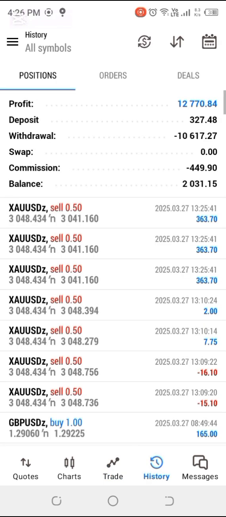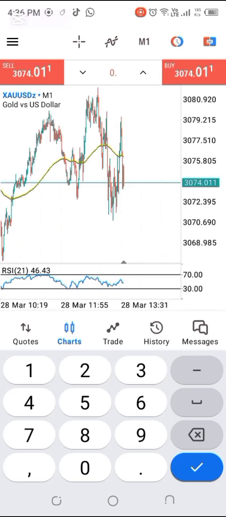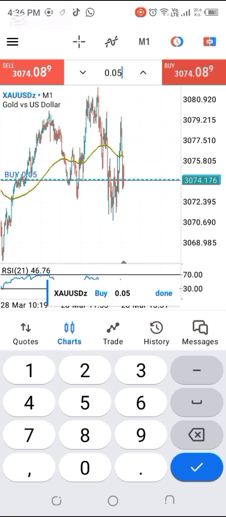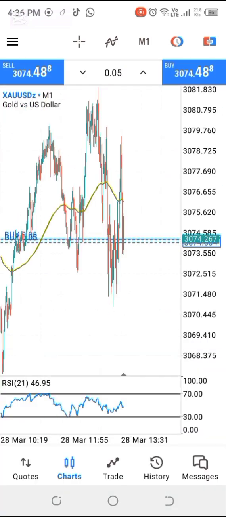Okay, why am I not closing the trade? Okay, now I'm closing all the positions, and the balance is 2031 USD, and the total balance is 12,000 USD. So I got the last trade.